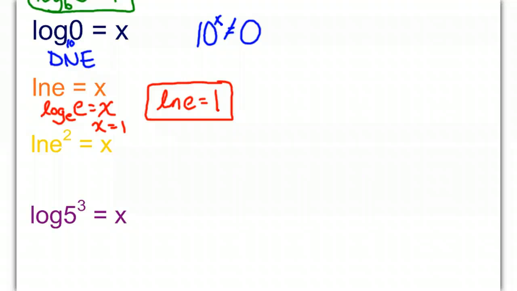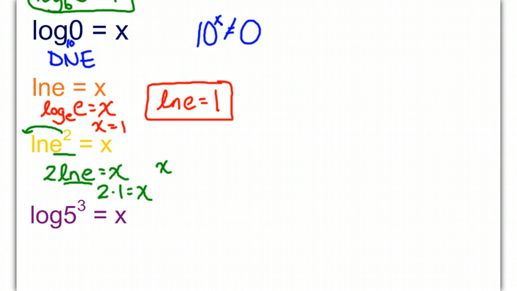Now, a new property that we have is when you're squaring something or raising it to some power, having some exponent there, you can move that exponent to the front. So we're going to rewrite this as 2 times natural log e equals x. Now we know that the natural log of e equals 1, so 2 times 1 equals x.